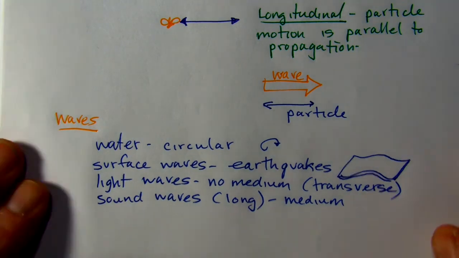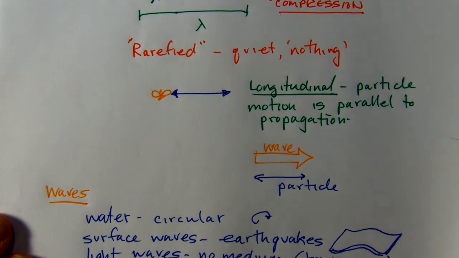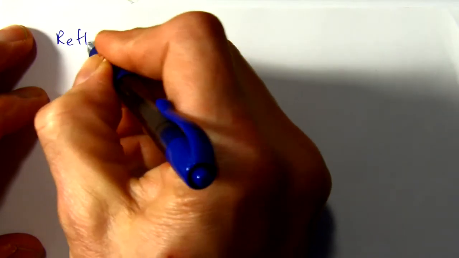Okay, so those are the concepts of waves, but now what we should talk about, which is going to be very relevant in sound and light concepts, is the concept of reflection. And it's not going to be quite what you think it is.